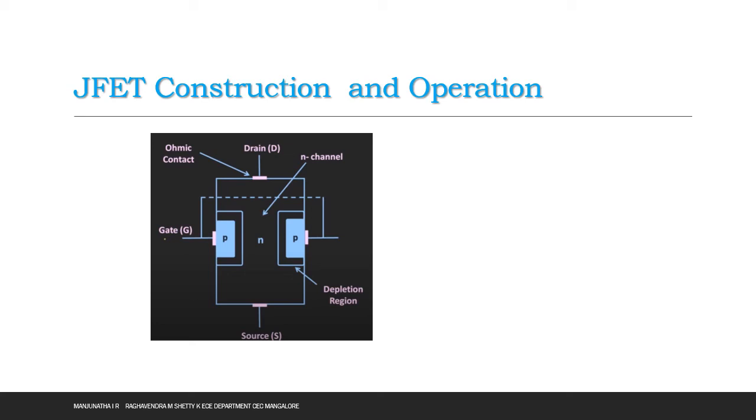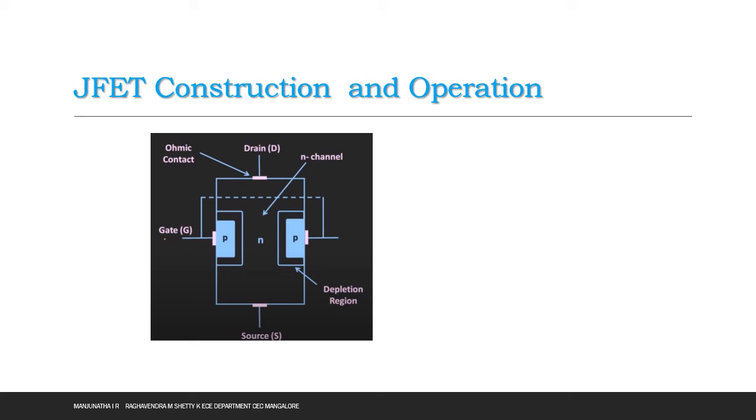So here the P type is connected to the negative terminal of the source. When we give the connection in that fashion, this PN junction becomes reverse biased, and the depletion region will be increased.